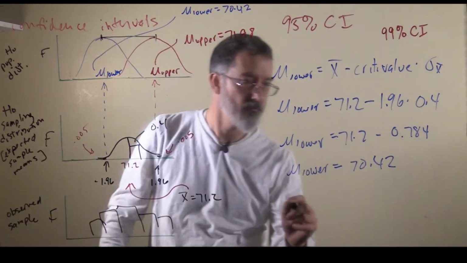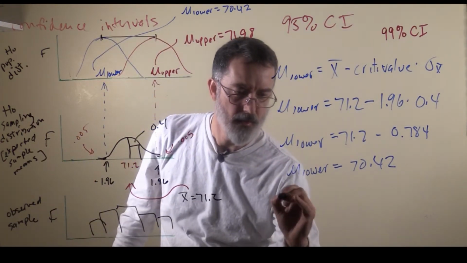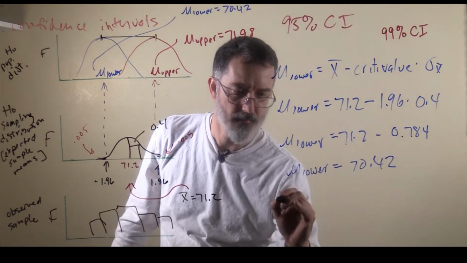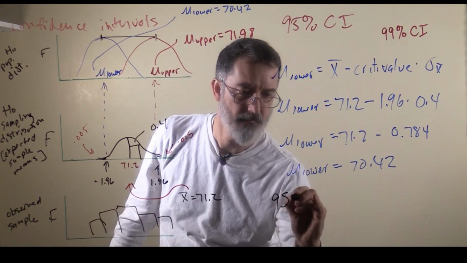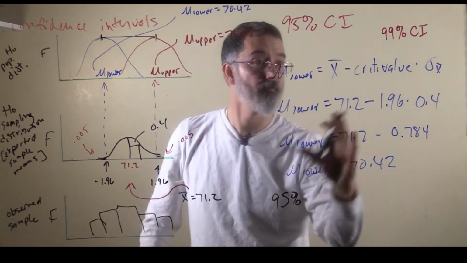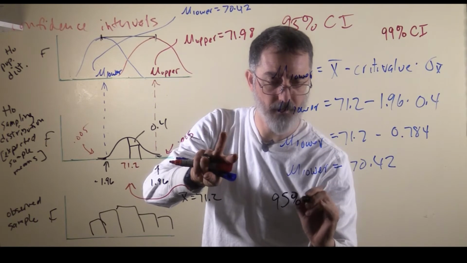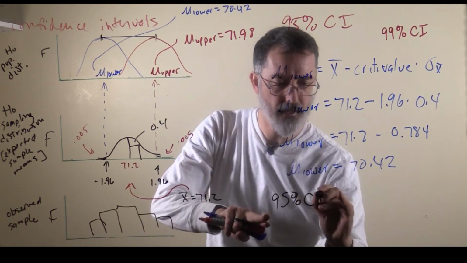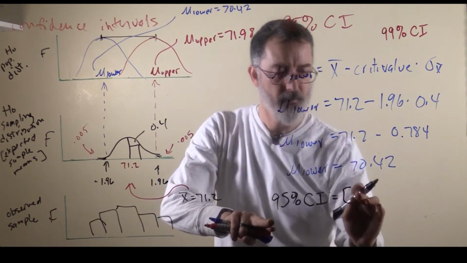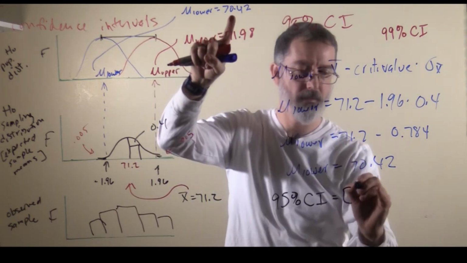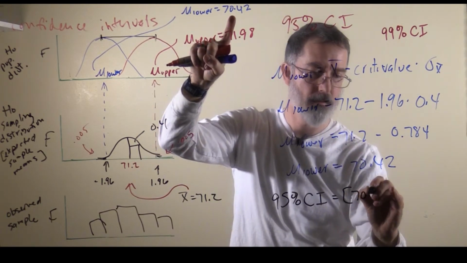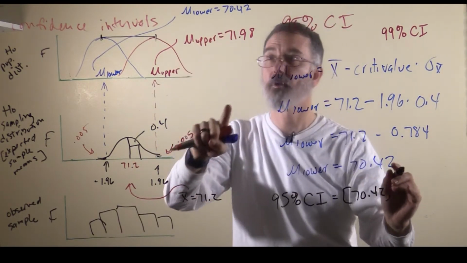And so the way you usually write this would be like in a research article or something like that. If we have the 95% confidence interval, which is what we calculated, so that's what we'll do for this example here. The 95% CI for confidence interval equals, then you'd bracket the lower bound, the lower limit, comma, and then put the upper limit.